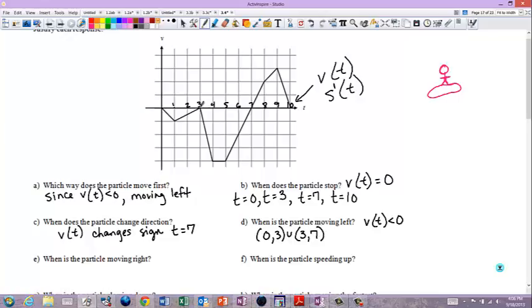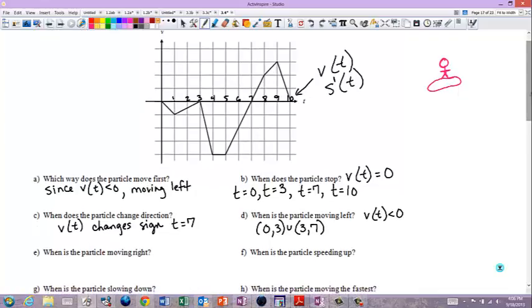It's negative. I can't include 0, 3, and 7 because they're zeros. It's almost like you were doing a sine graph. You'd put your zeros on here, 0, 3, 7, 10. It would be negative, negative, positive. That's what we're looking at right there.